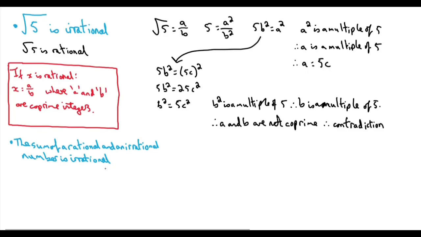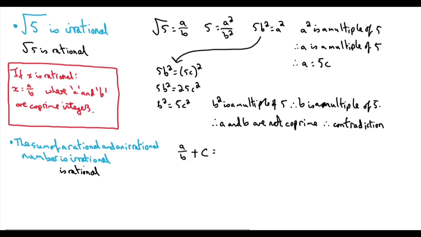Still on the topic of rational and irrational, we have the sum of a rational and an irrational number is irrational. Well, the contradiction of this would be that it is rational. Therefore, if we would say, okay, a rational number would be a over b, and irrational couldn't be expressed as this, so it would just be c.